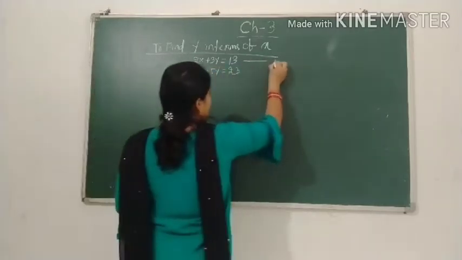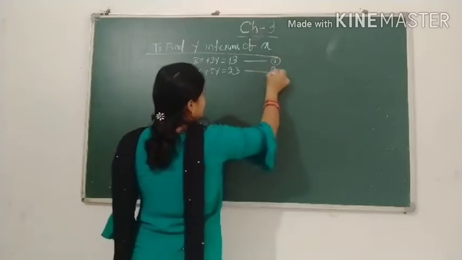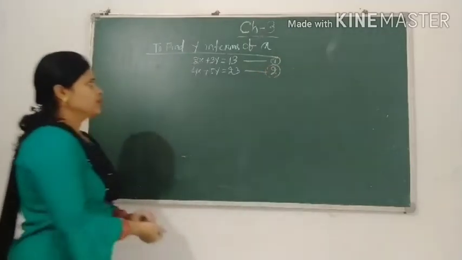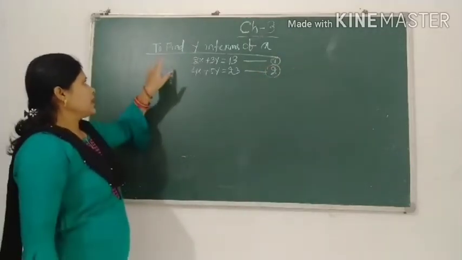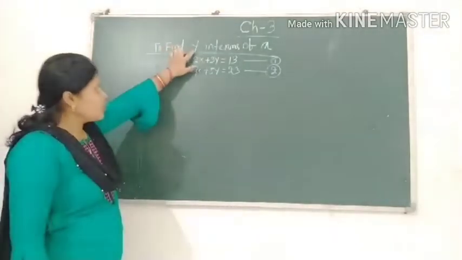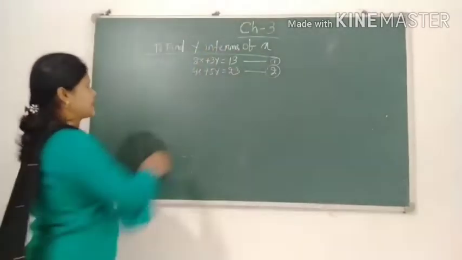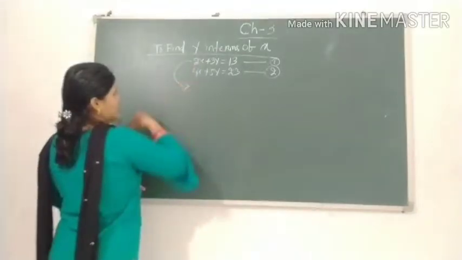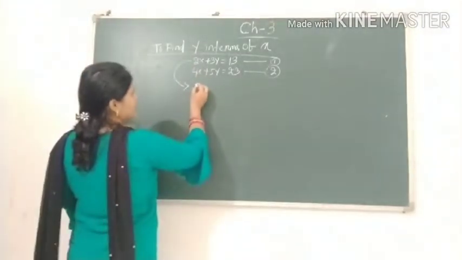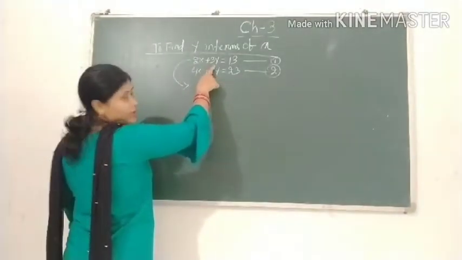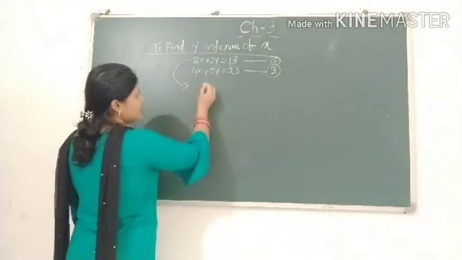This is equation 1 and this is equation 2. Here you have to find the value of y in terms of x, so from equation 1, I find y in terms of x.